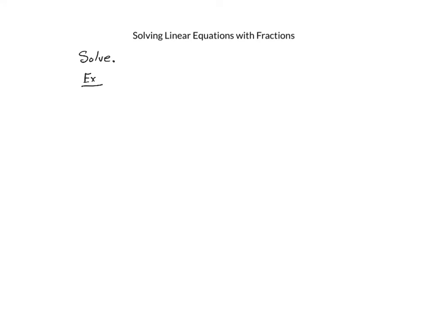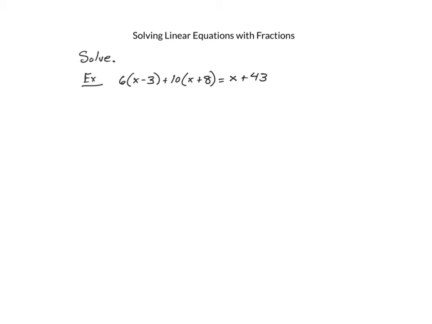So we'll solve 6 times the quantity x minus 3 plus 10 times the quantity x plus 8 equals x plus 43. To begin, we'll distribute the 6 and distribute the 10. Remember, when you're solving a linear equation, usually you simplify each side first.